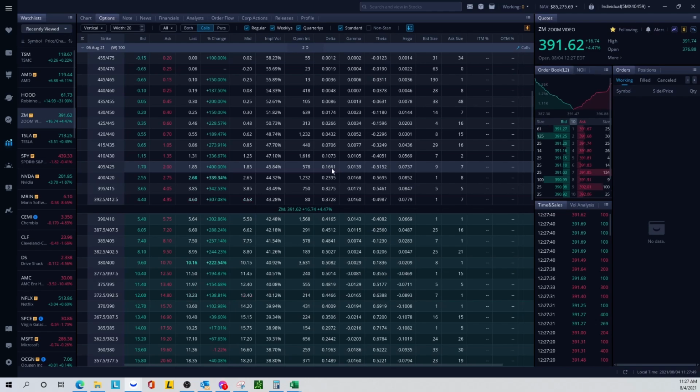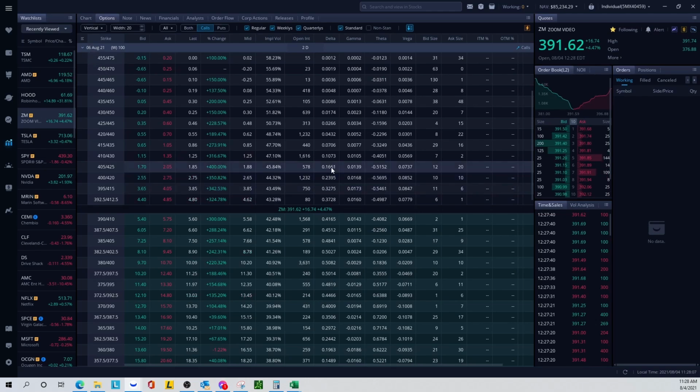If you think of delta, that is the probability of expiring in the money. So the probability that the stock price will reach 405 in this case by the expiration date of August 6th.